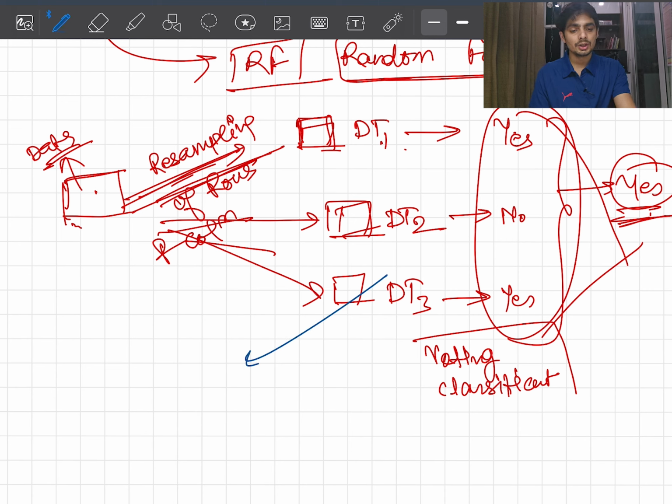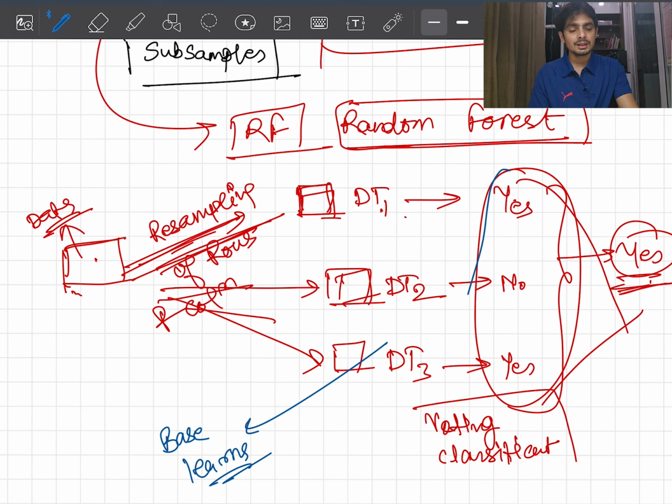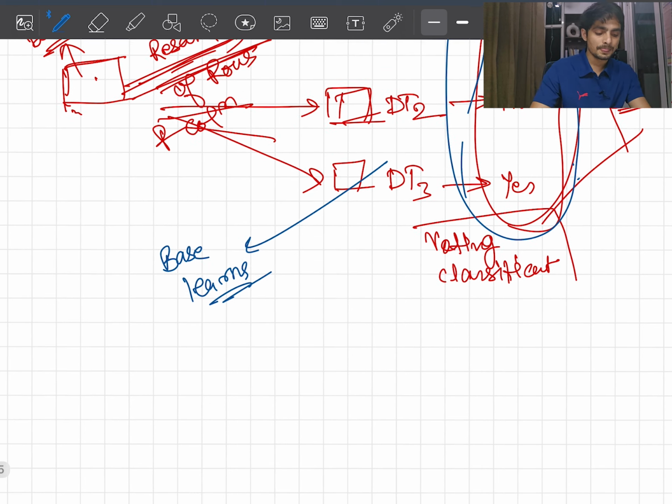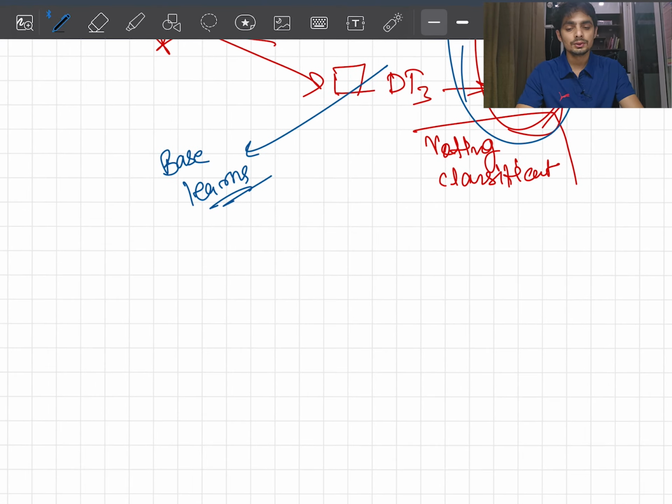We call these decision trees base learners. Now we'll collect their output and pass it to the voting classifier, and from there we'll check. The final prediction will be the final output. This is what we do in case of bagging.